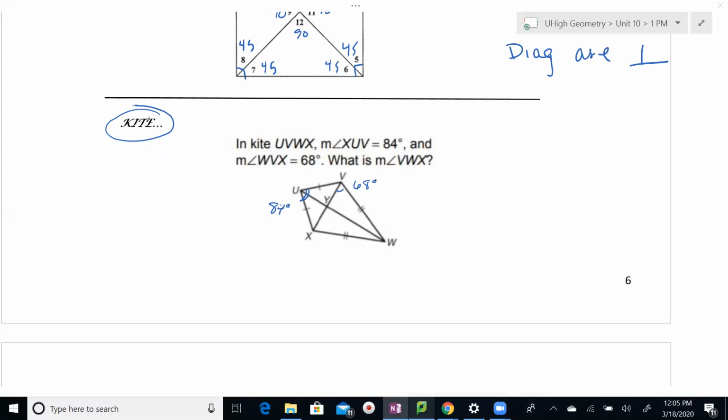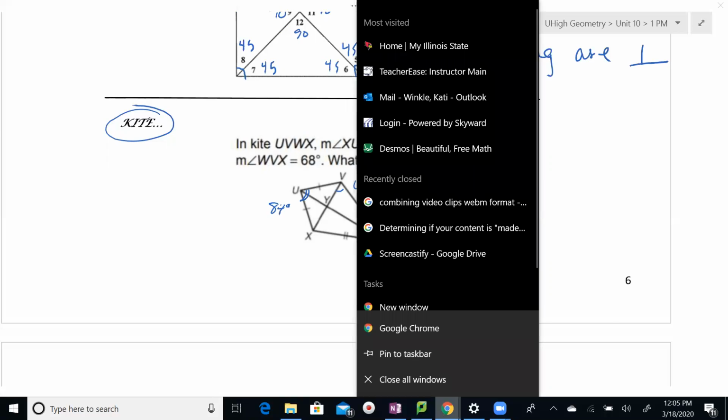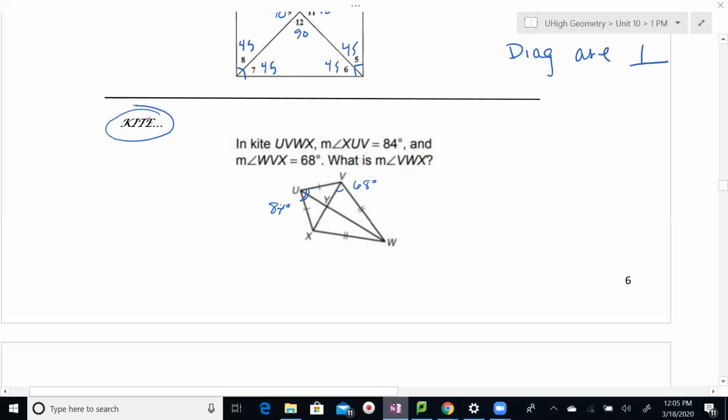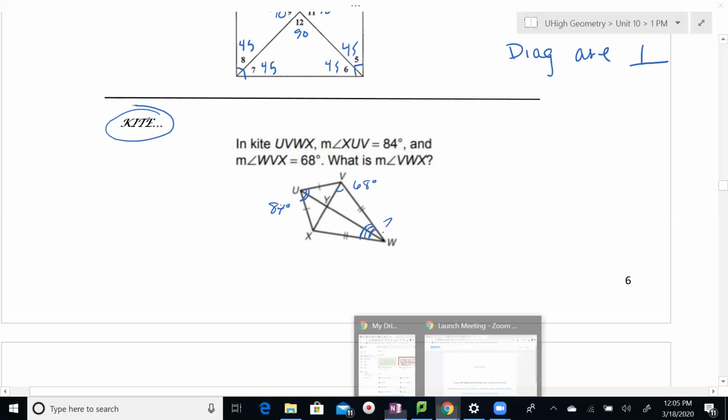And we're trying to find the measure of angle VWX. Okay, we're trying to find this angle here, and I'm going to mark it with 3 tick marks. We're trying to figure out what that is going to be.